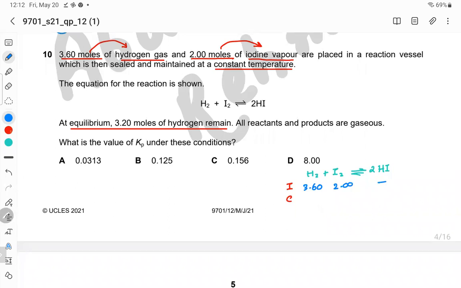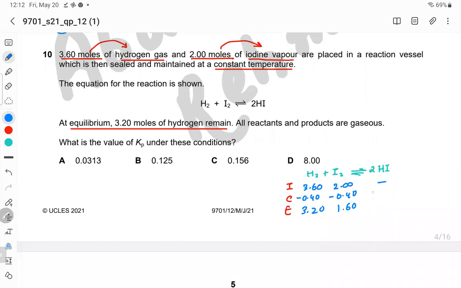The equilibrium moles of hydrogen is 3.2, so the change is minus 0.40. So iodine must also change by minus 0.40, which means there must be 1.60 moles at equilibrium, right? 2 minus 0.40 gives us 1.60.